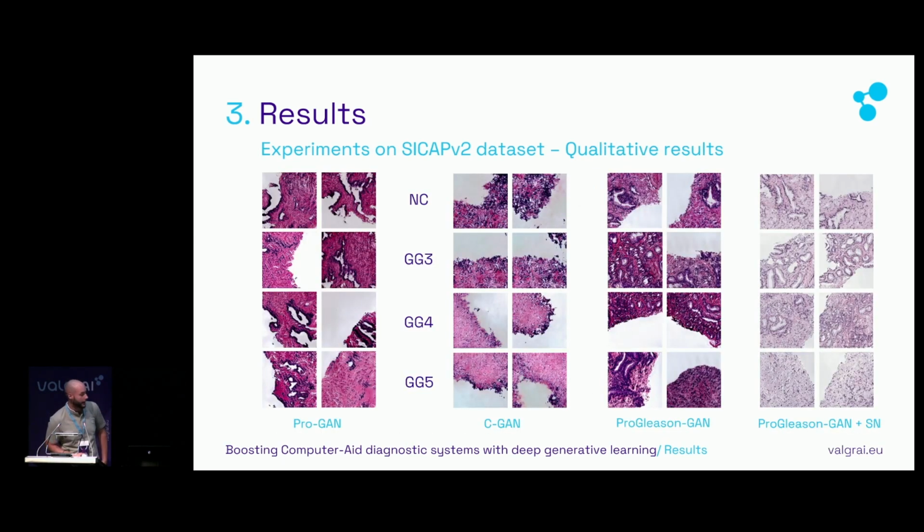And here we compare our proposed approach with the typical and state-of-the-art generative adversarial models, for example, progressive GAN and conditional GAN, and our proposal minimizes the different artifacts and improves the generation using conditioned grades.